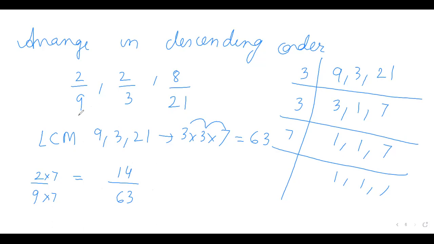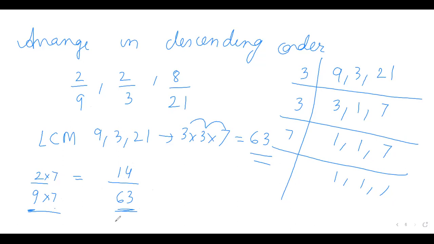I want to make all denominators 63. So see here, Rakshita, the denominator is 9 and we have changed it into 63. What have I multiplied to change it into 63? You can see by the table of 9 that we have to multiply it by 7. So whatever I have multiplied in the denominator, I have to multiply in the numerator.